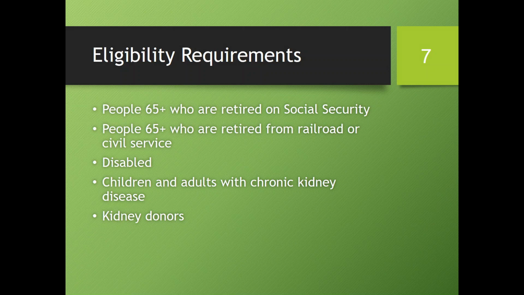Eligibility requirements for Medicare. This is for people 65 and older who are retired on Social Security, people 65 and over who are retired from railroad or civil service, the disabled, children and adults with chronic kidney disease, and also kidney donors.